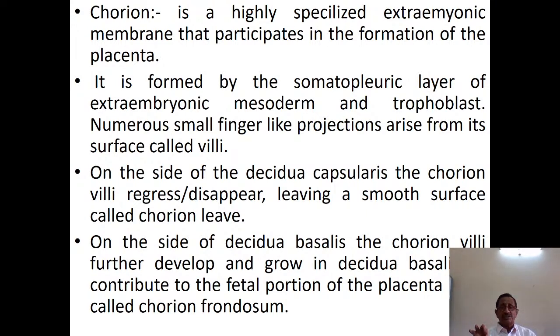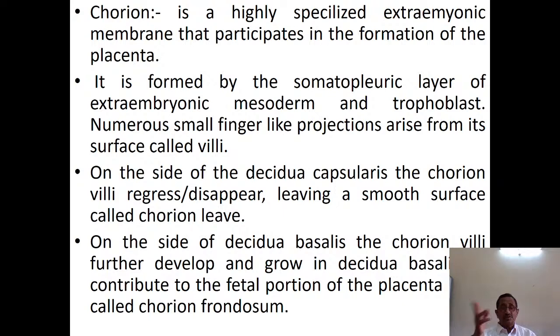So now this chorion, which is formed of the somatopleuric layer as well as the trophoblast, is surrounding the whole of the embryo. Now numerous small finger-like projections arise from its surface called villi.